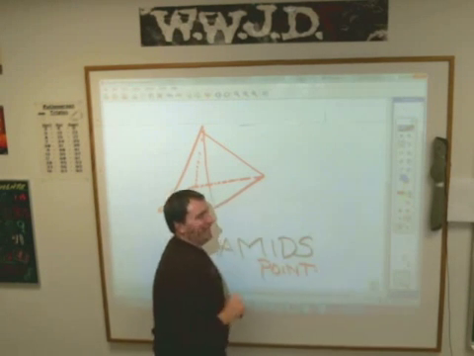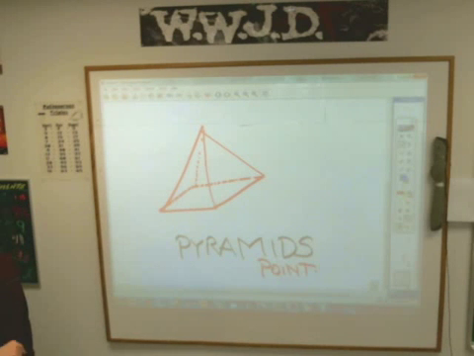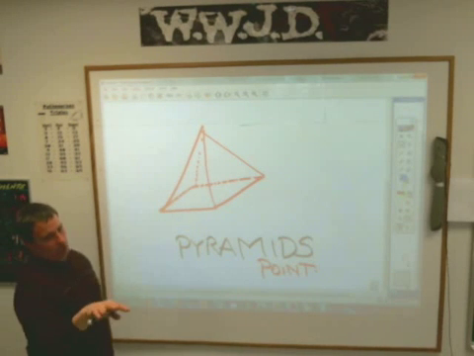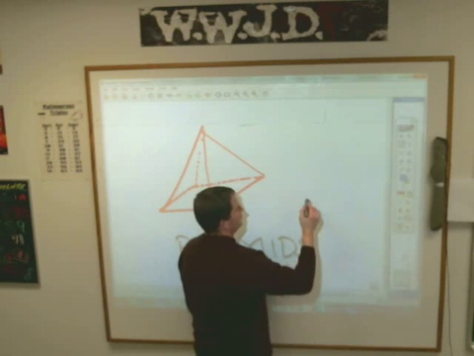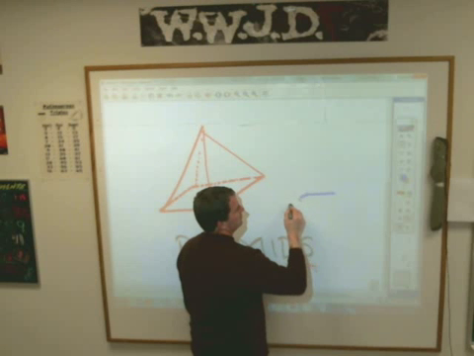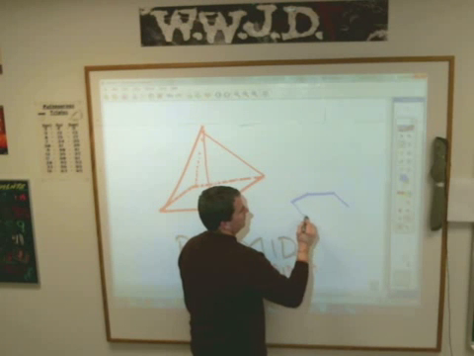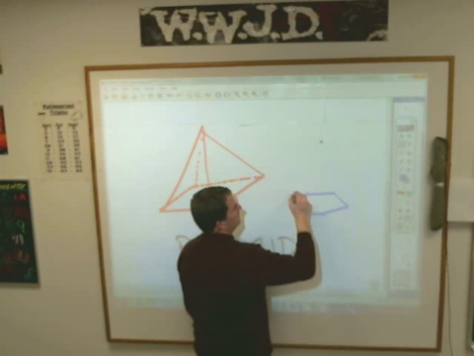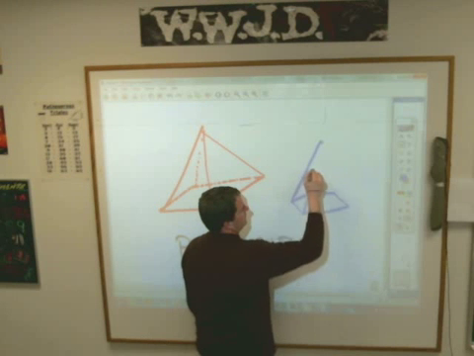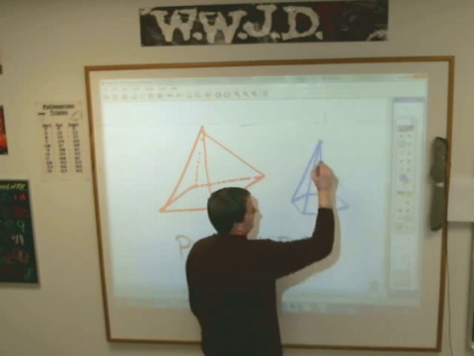You can do any pyramid that way. Let's say you want to do a hexagonal one whose base is a hexagon. Start with a hexagon: 1, 2, 3, 4, 5, 6. Put a point up here, and then connect all of those points to that point.